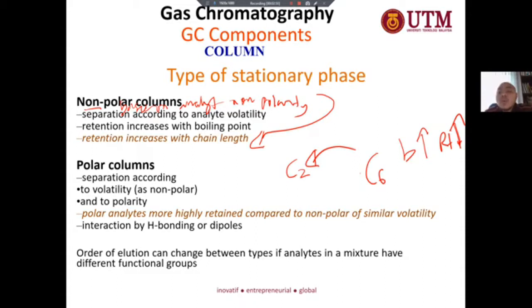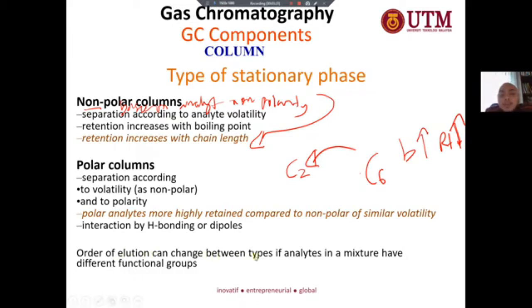You don't really know what kind of alcohol appears in the beverage. In your opinion, which column is best for separating those polar analytes? Because we know alcohol is polar, if you use a non-polar column, it will not interact with your analyte. So you use the polar column to make them separate.